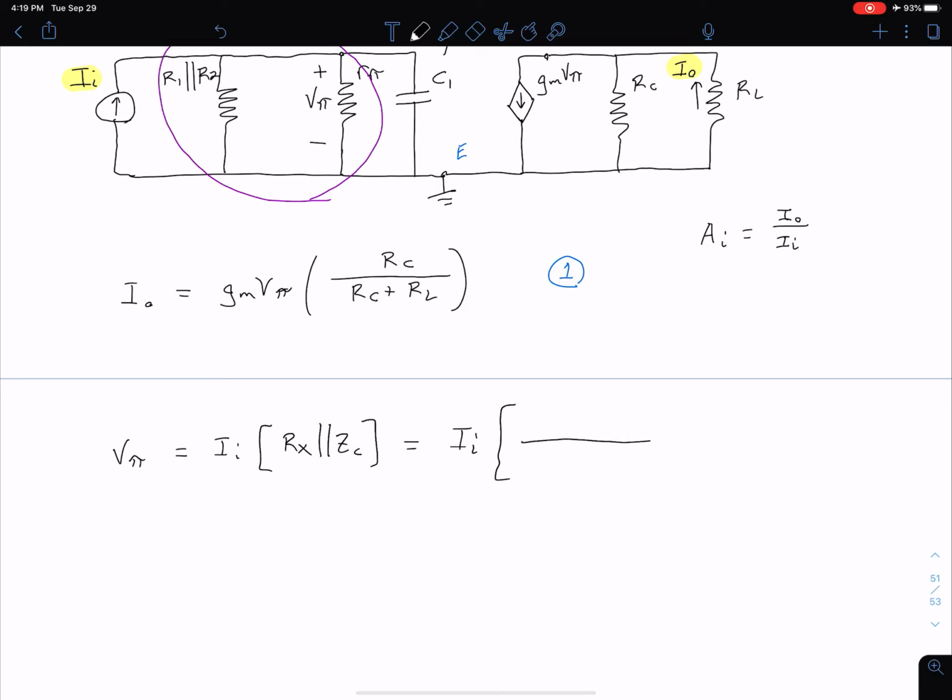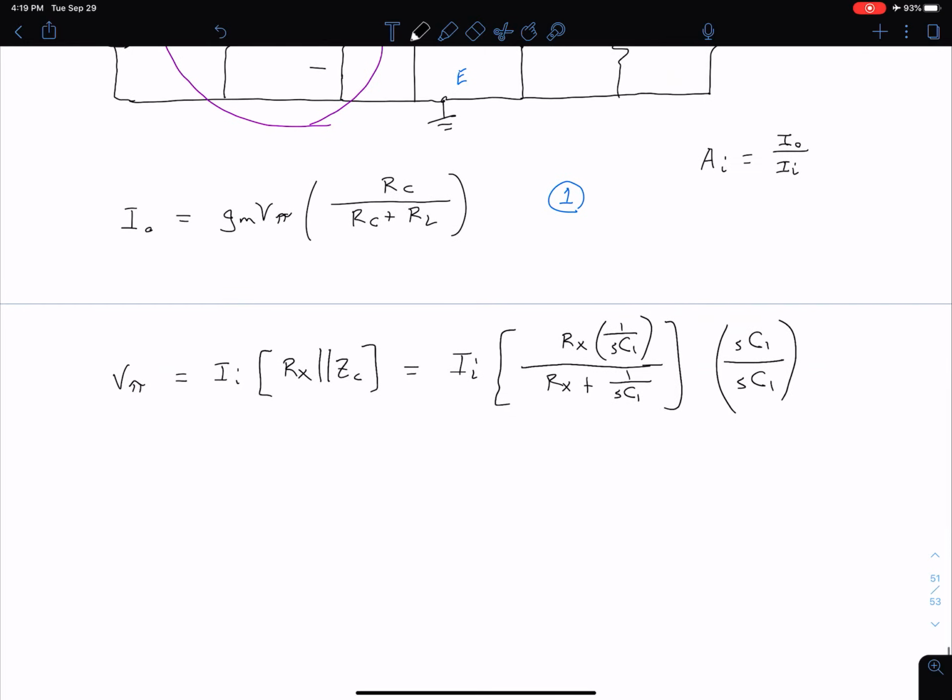So using our simple equation for two impedances in parallel, we have impedance of the first times impedance of the second divided by the sum of the two impedances, so Rx plus 1 over S times C1. And so this is of course a little messy to look at, so let's simplify it a little bit by multiplying numerator and denominator by S times C1.